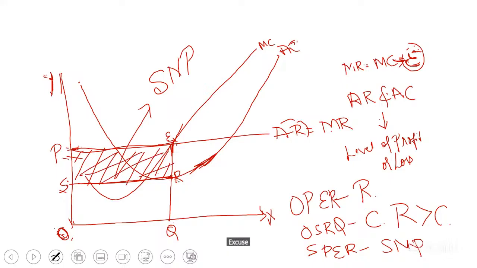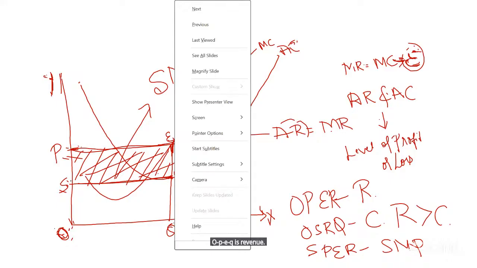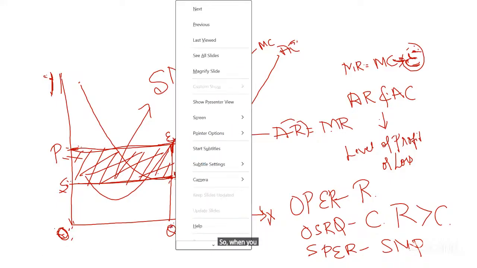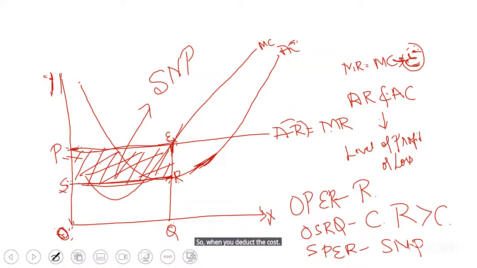Excuse me. Yes, please. Ma'am, isn't it OPEQ? No. The revenue is OPEQ. OSRQ is cost. So when you deduct the cost from revenue, what is left?